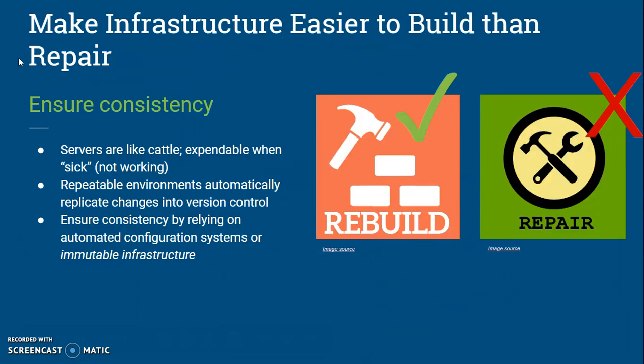Ideally, with this method in place, we want to make our infrastructure easier to build than to repair. Repairing infrastructure can take a lot of time, effort, and cost, which can lead to downtime that may affect us, people downstream, and customers who are waiting for the product or service to be rolled out.